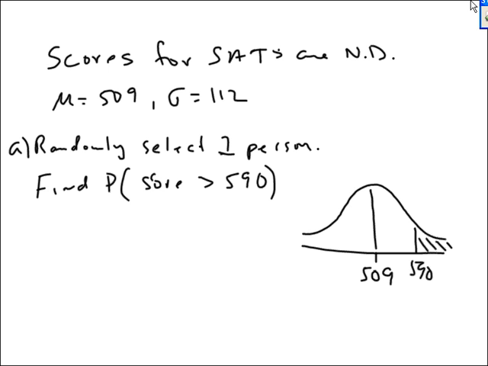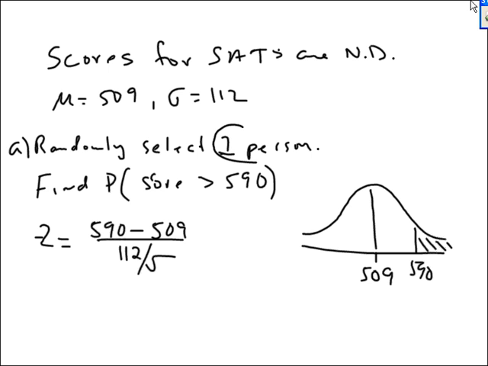So what we do is Z is equal to the score minus the mean divided by the standard deviation, which is 112, divided by the square root of the people that we are testing. One person. So basically, you don't even have to divide by it. And you get 81 divided by 112. Let's see what that gives us.